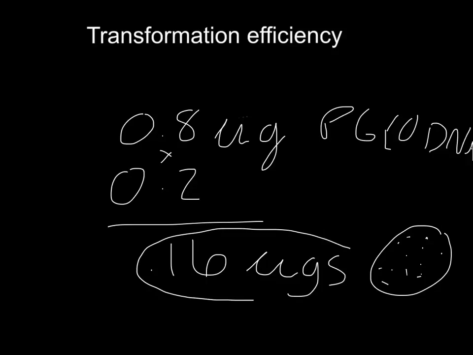So we have this number here. In order to calculate your transformation efficiency, you're going to take the number of colonies that you counted, and divide that by the mass of the DNA spread on your agar plate.